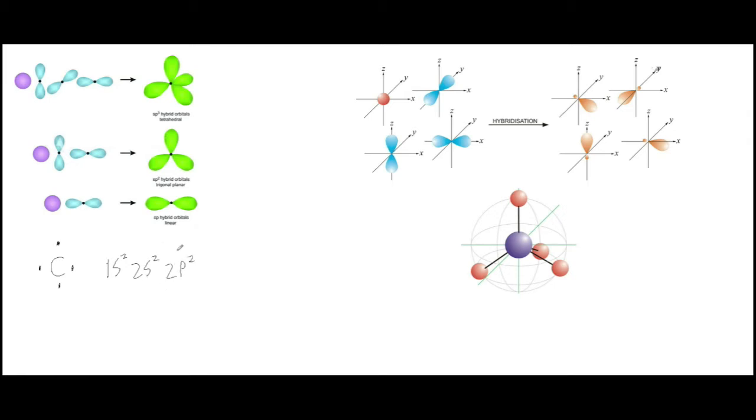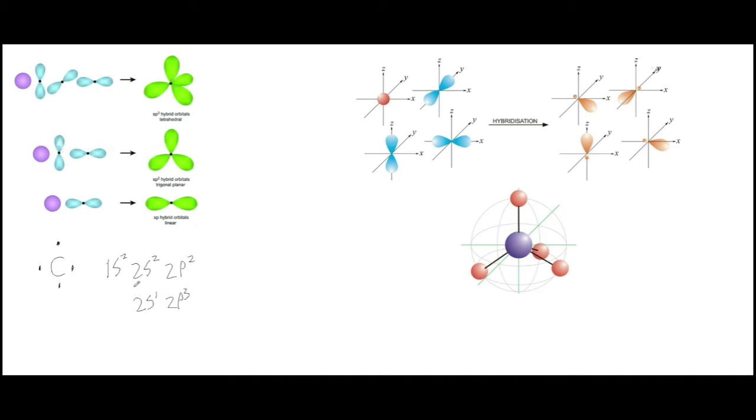However, when we're bonding, these atomic orbitals become hybridized orbitals. Just ignoring the inner electrons for a minute, we will promote one of these s electrons to a p. So we have 2p3. So that's our 4 valence electrons.